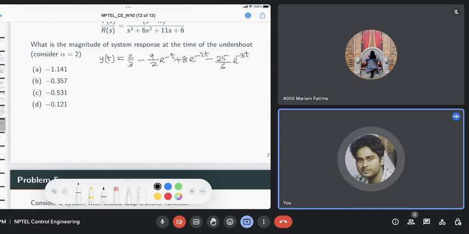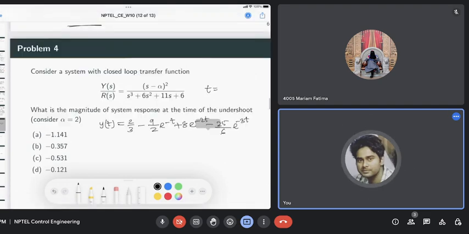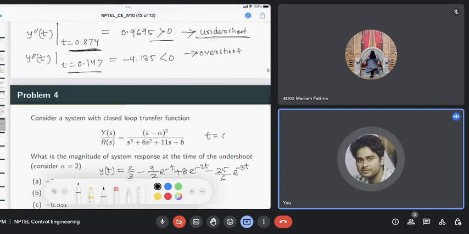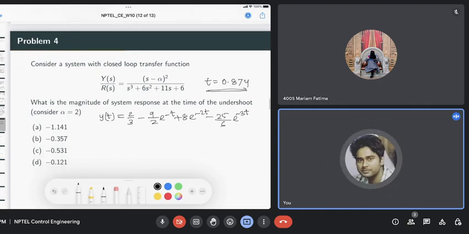Anyway, we have already computed this response, and we also computed the point where this undershoot happens, 0.874. So we know that this is the response and this is the time at which the undershoot occurs. Then we can just compute the magnitude at this point, right? We just substitute that value at which the undershoot occurs, and that will give the magnitude value.